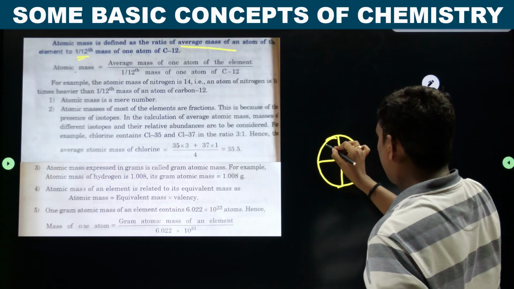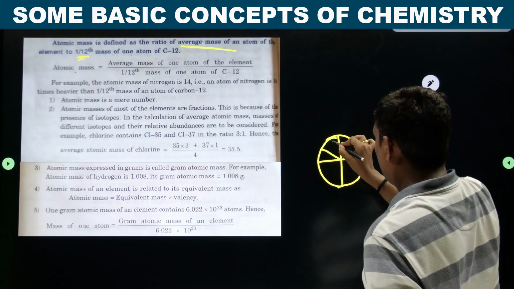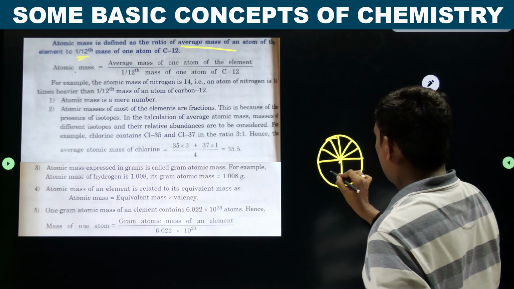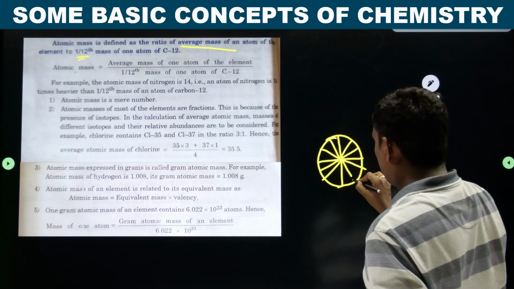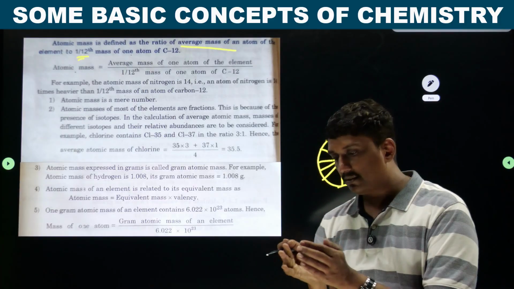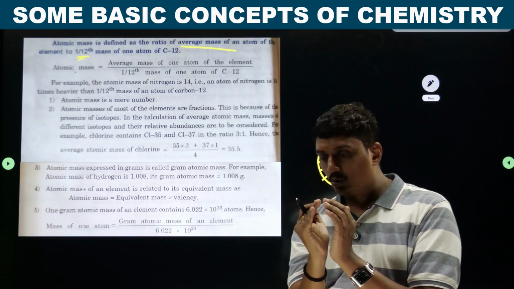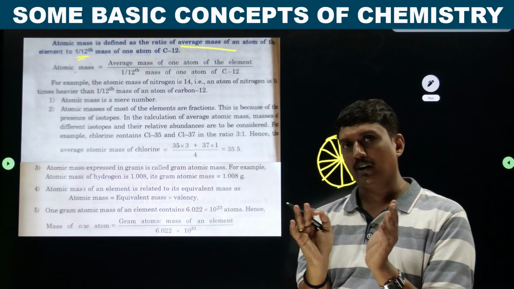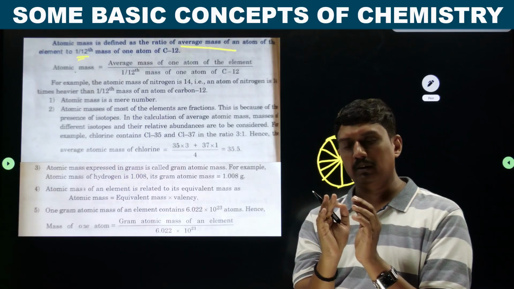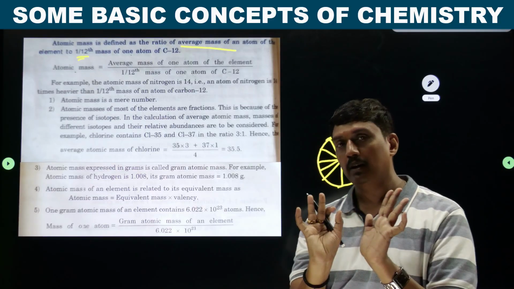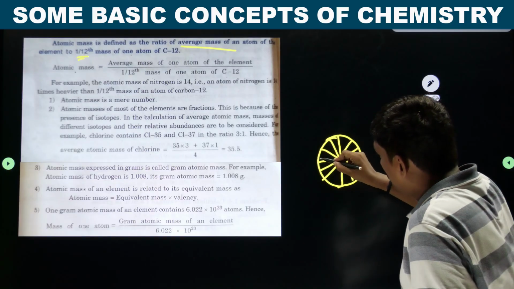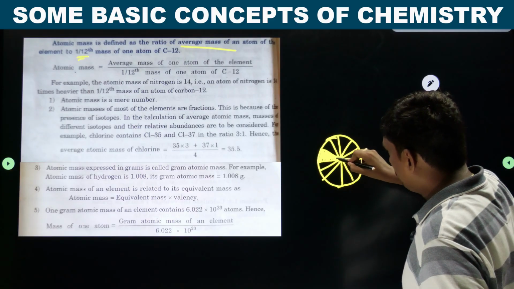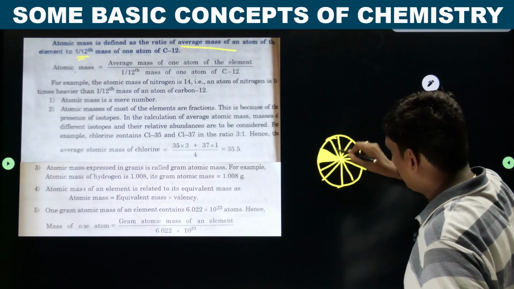Protons are six, neutrons are six. The total number of particles in one nucleus of carbon is 12. The mass of a proton and a neutron is almost the same. This is the reason we are taking 1/12. This is one part of that nucleus.